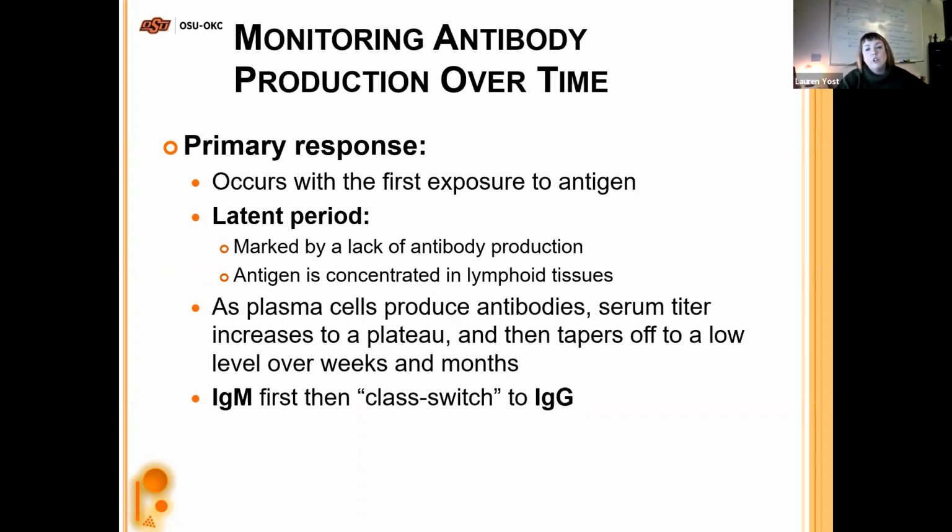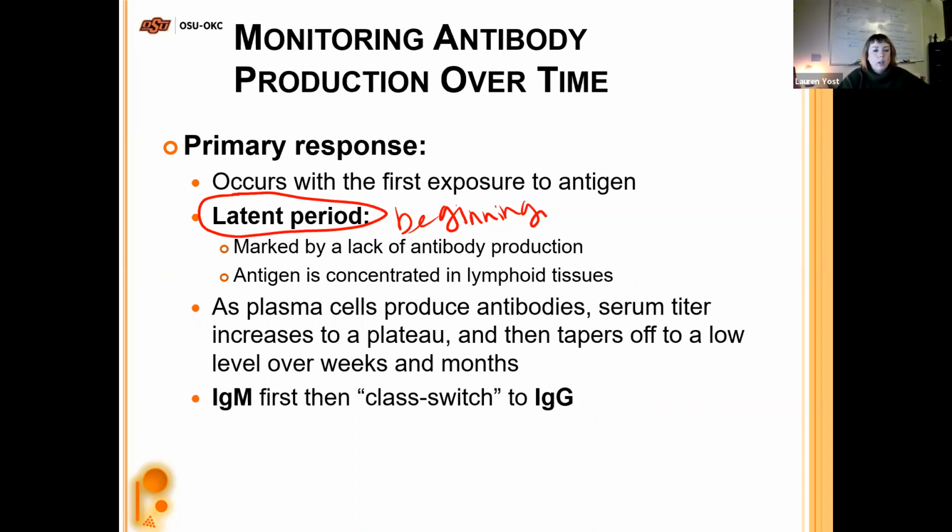So our first primary response to an antigen is always the slowest one. There's that latent period at the beginning, because we don't have any memory built up. We don't have enough cells that can respond to that specific antigen, right? So we have to trigger all of that first.